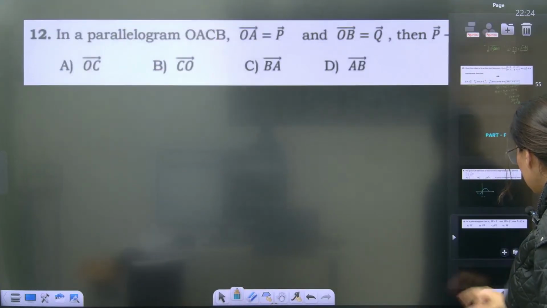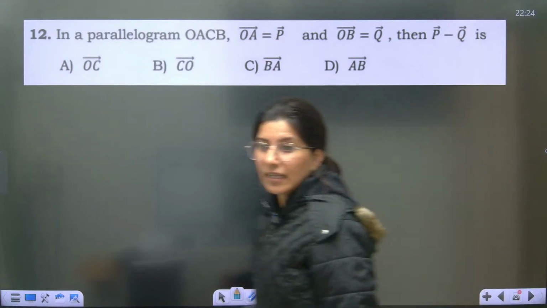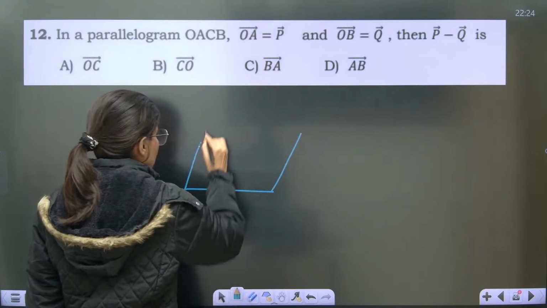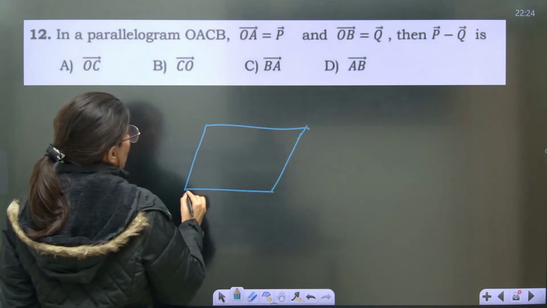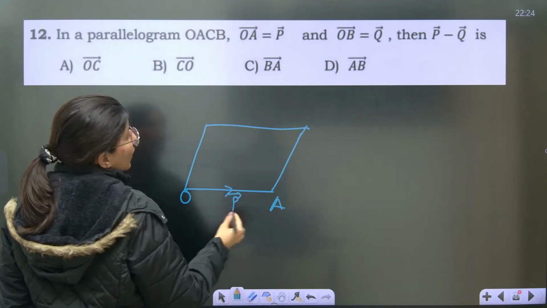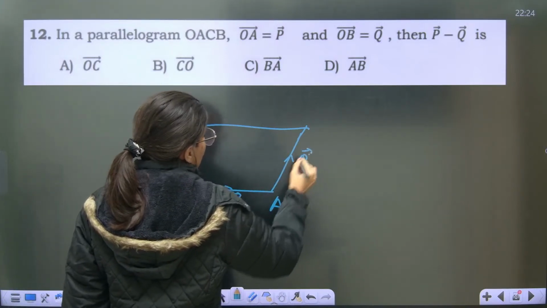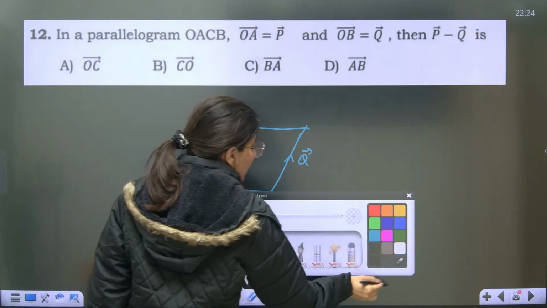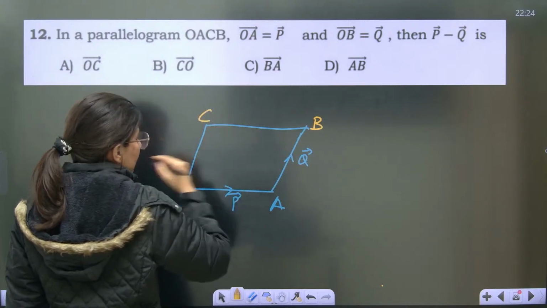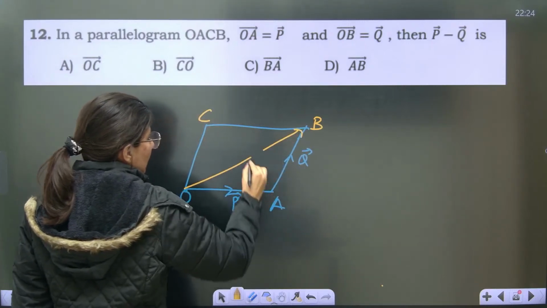That is one thing. And the another thing, in a parallelogram OACB, so let's have a parallelogram then. Okay, so OA is P vector, guys, and OB is Q vector. So understand, with the triangle law, OA and this is B, this is C, correct? So this diagonal will be what?